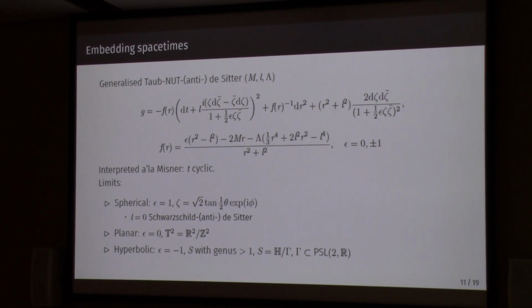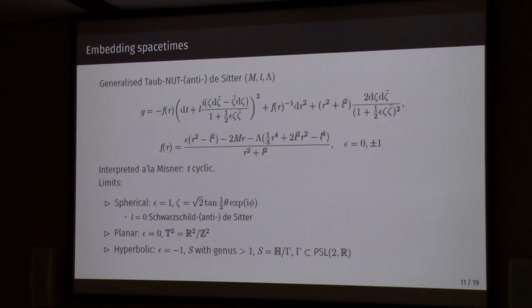If it's the first time that you see such a metric, the important features are that there is a parameter epsilon, which is 0, plus or minus 1, which basically dictates the sign of the curvature of the local two-surfaces parameterized by zeta and zeta bar coordinates.